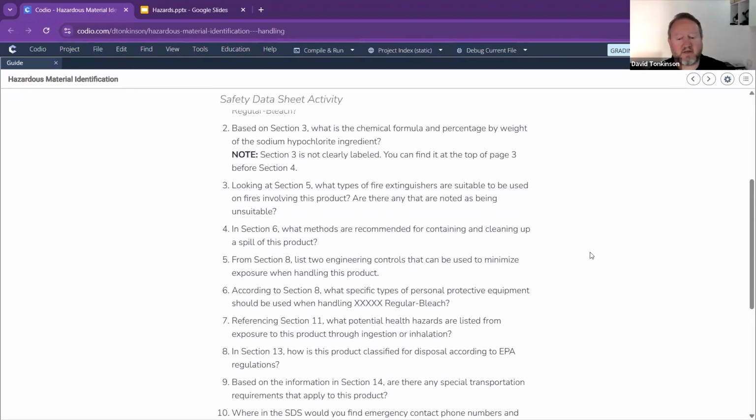Okay, so question number 3 then. Let's move on to that. So look into section 5. What type of fire extinguisher is useful if this is involved in a fire? Daniel says fire extinguishers are fine to use. Water spray is said to be ineffective.